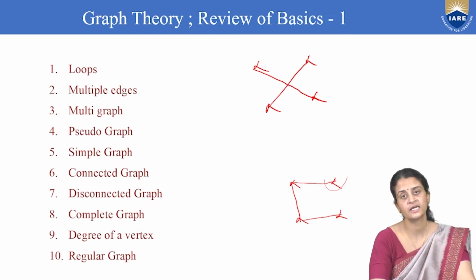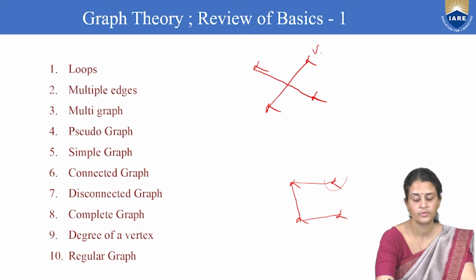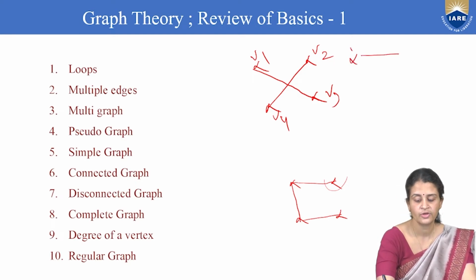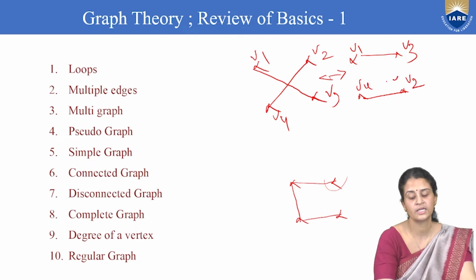Can we say that it is a connected graph? No, because these 2 vertices V2, V4 are connected and V1, V3 are connected. But it is not connected as a whole, because we can draw like this also: V1, V3, V4, V2. This is the same representation of this one. So these vertices are not completely connected.